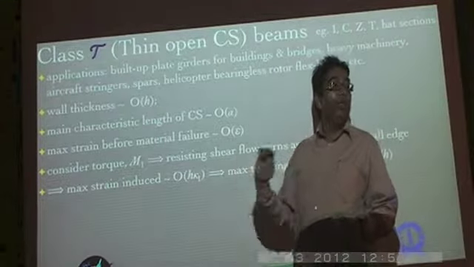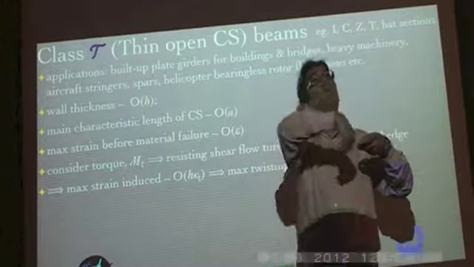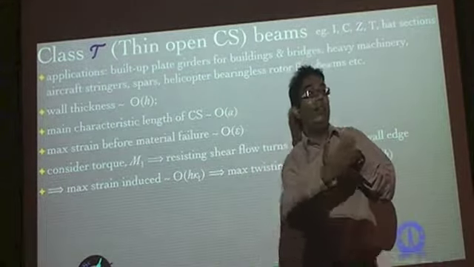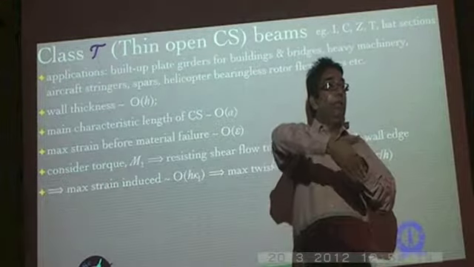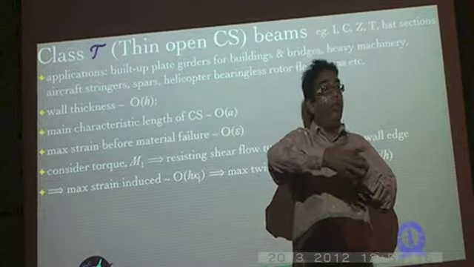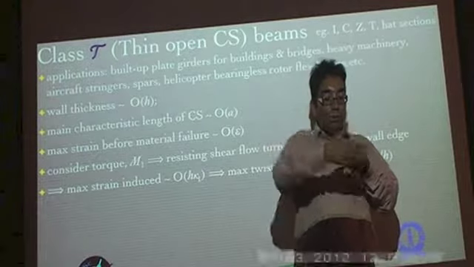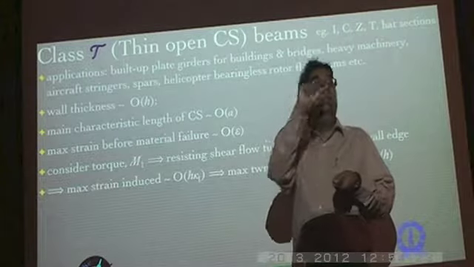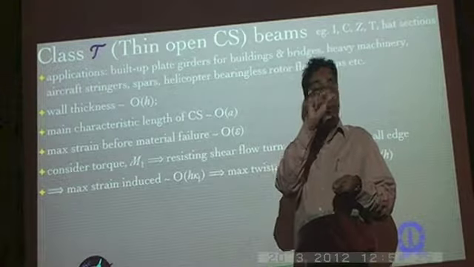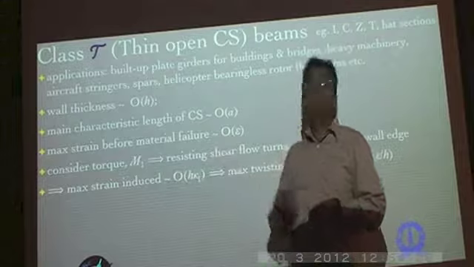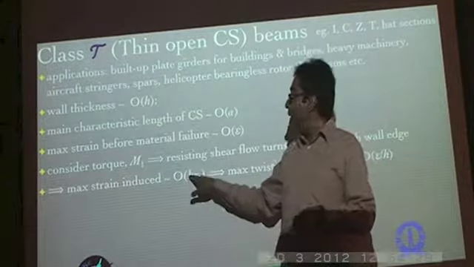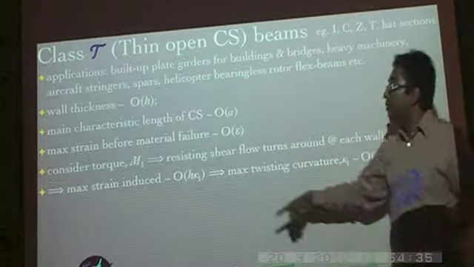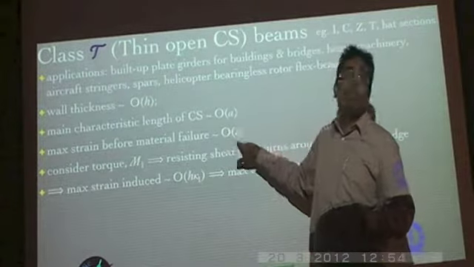You have a twist per unit length, which is an overall beam cross-section property. The entire cross section of the I section is rotating as if it were a rigid body. Over and above that, of course, it has the warping, but forget that for now. The shear flow has a moment arm of the order of magnitude of h, and therefore the maximum strain induced by that is h times kappa 1, the twist per unit length, which in turn means that, as we already said, the maximum strain is of the order of epsilon.